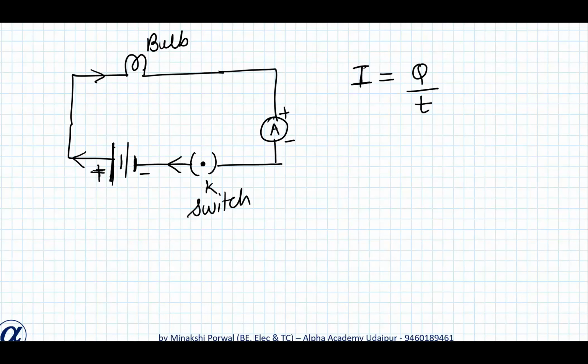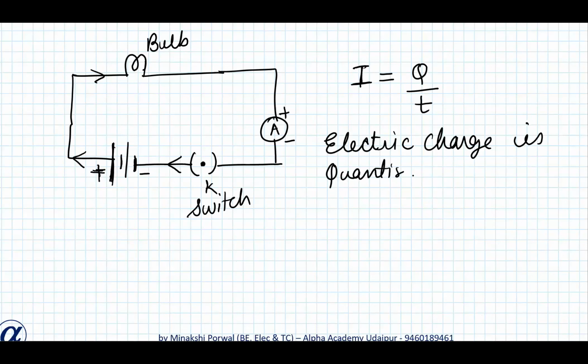Q, electric charge, is quantized. Electric charge is denoted by Q. Quantized means it is always an integral multiple of the charge on an electron. जो Q होगा उसकी वैल्यू हमेशा चार्ज ऑन इलेक्ट्रॉन की वैल्यू से मल्टीप्लाइड बाय कोई इंटीजर नंबर होगा.